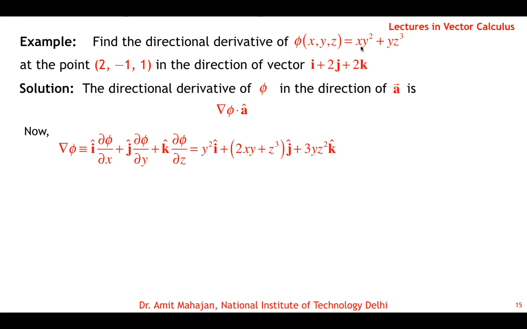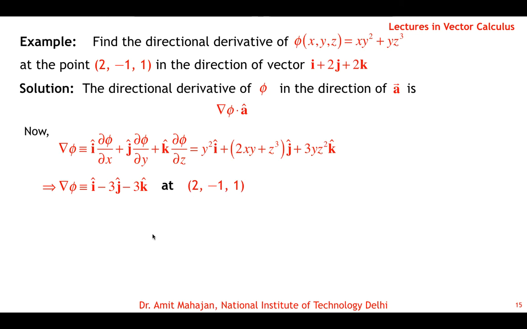Partial derivative with y will be 2xy plus z cube, so we get (2xy + z cube) j cap, and derivative with z is 3yz square, so 3yz square k cap. And so we can now calculate this gradient at the point (2, -1, 1): x value 2, y value -1, z value 1 if we substitute here, so gradient phi will be equal to this. So this is the normal vector to the surface phi at this point (2, -1, 1).